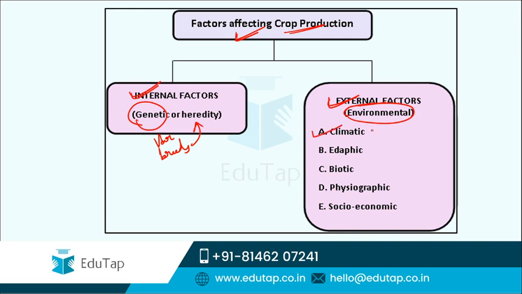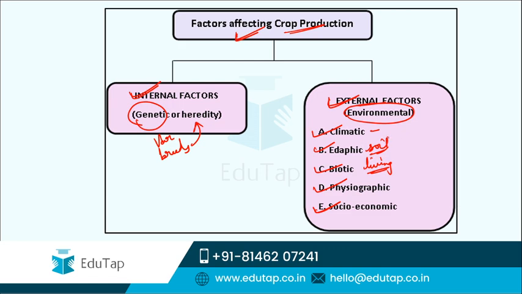Climatic: temperature, relative humidity, rainfall. Edaphic, the soil factors: type of soil, soil pH, soil aeration, soil structure. Biotic: living organisms, be it microorganisms, even we human beings sometimes have some effect on crop production. Physiographic: topography, slope, altitude. Socio-economic: the location, the people in that area, the traditions they follow, how they are cultivating, all of which has an impact on crop production.